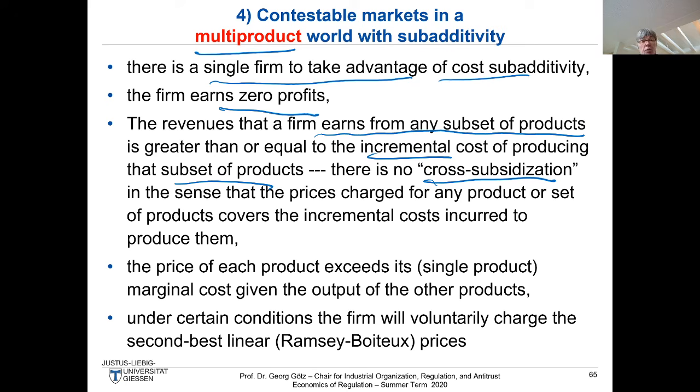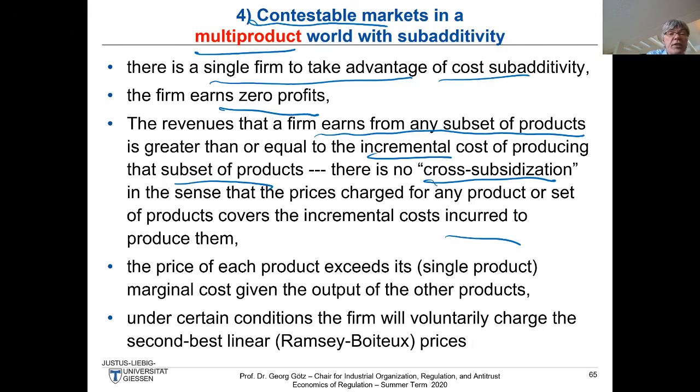If the others pay more than their standalone cost, another firm could enter, produce this, and undercut the incumbent, undercut Volkswagen, and sell at the standalone cost. Okay, cross-subsidization is not possible with contestable markets.